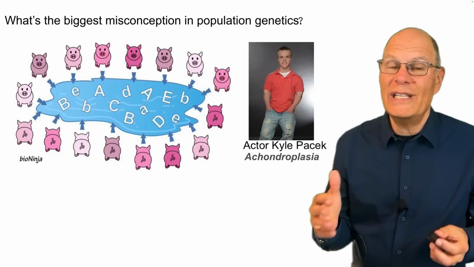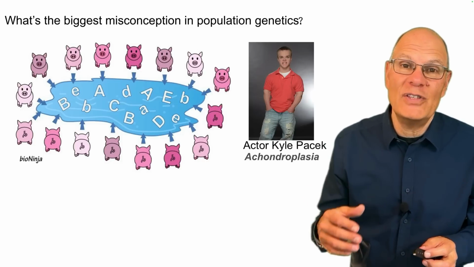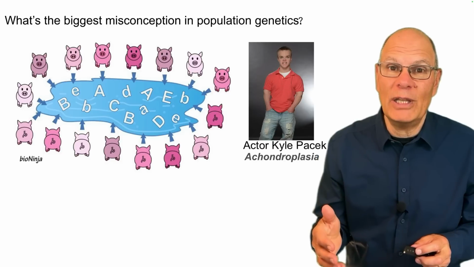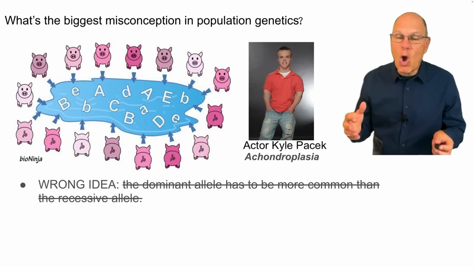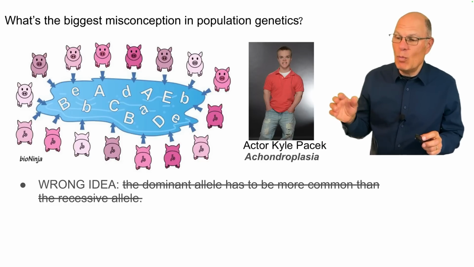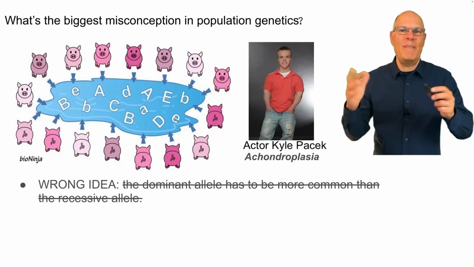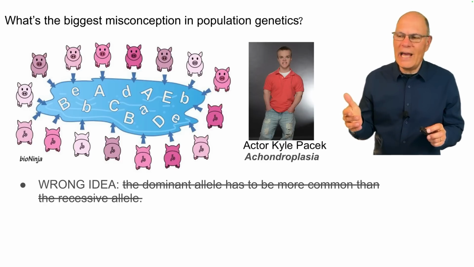Before we get more into the details of population genetics, I want to address the biggest misconception I've seen among my students related to population genetics. That's the wrong idea, that's why it's crossed out, that the dominant allele has to be more common than the recessive allele. These are different dimensions of biological analysis.